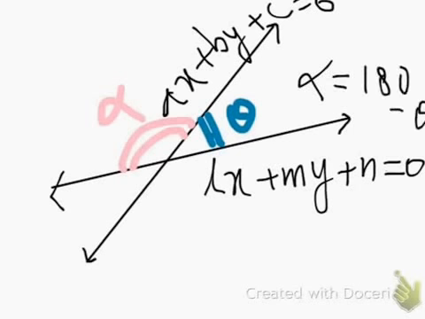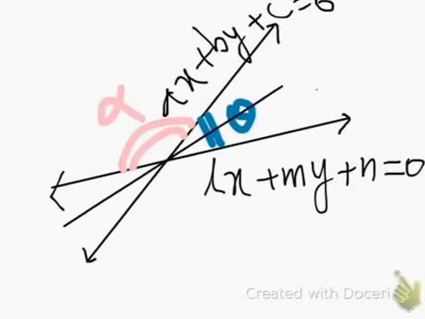And all of us know that using the linear property, so I do not need to mention it separately because we all know it. So there must be a line that will pass through these lines and will bisect the angle.